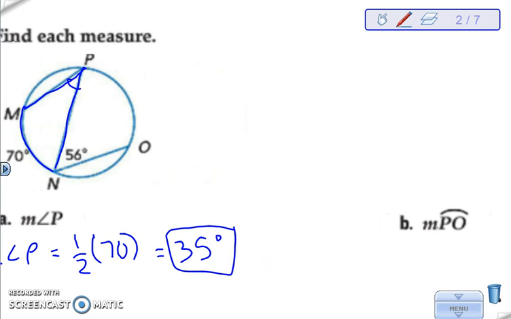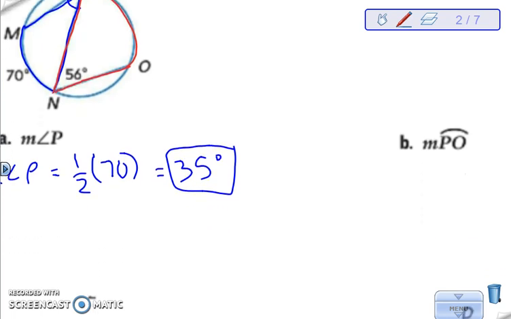If I need to find the length of the arc from P to O, so there's P to O, I notice that angle N intercepts the arc from P to O. The measure of arc P to O divided by 2 is equal to 56 degrees.